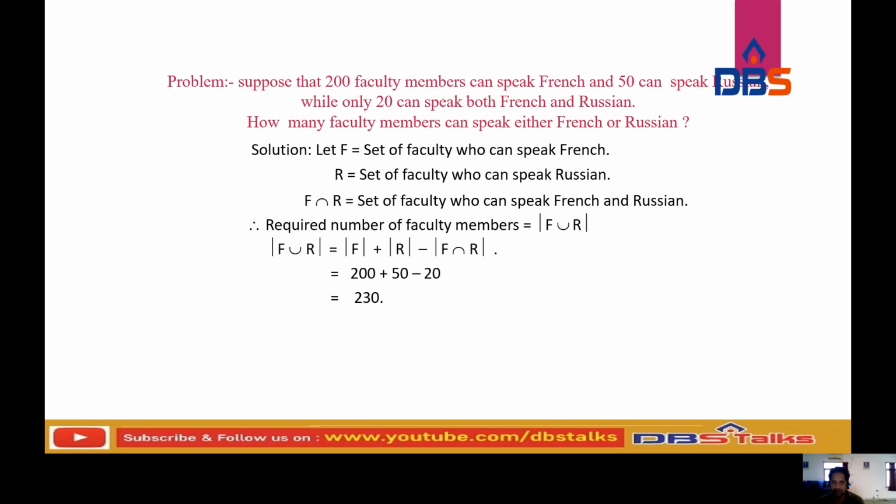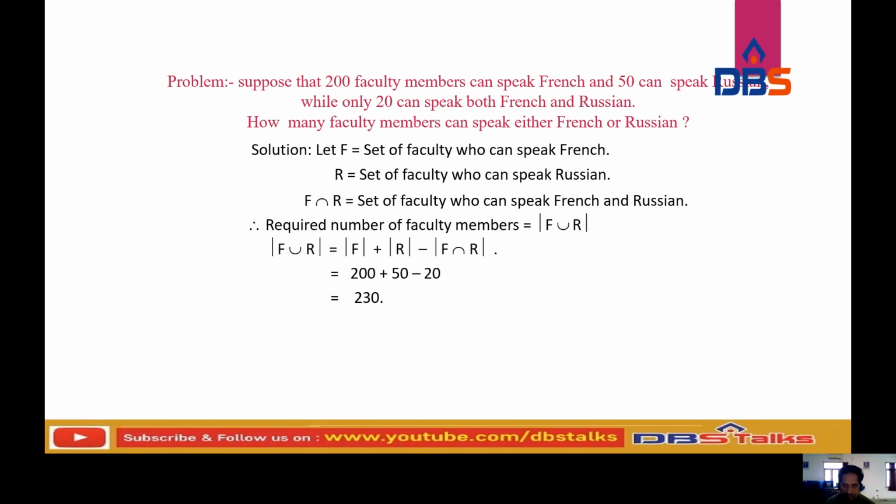Therefore the required number of faculty members equals F union R, which is F plus R minus F intersection R, that equals 200 plus 50 minus 20 equals 230.